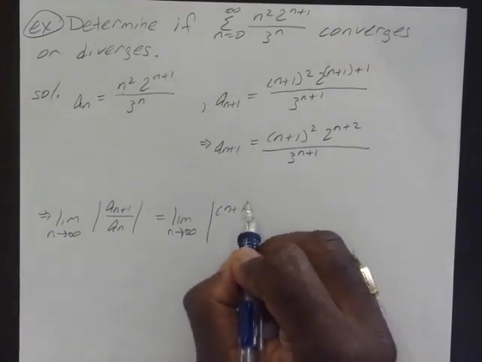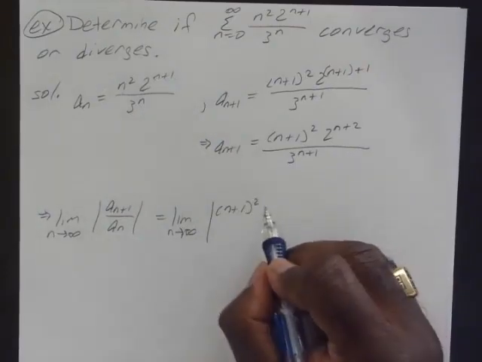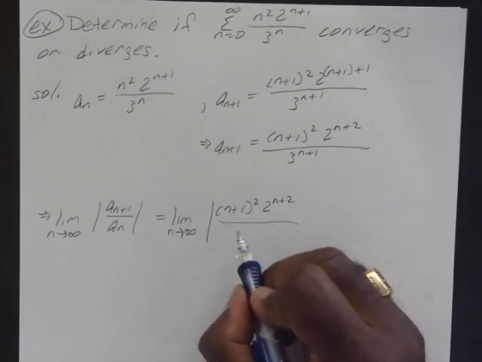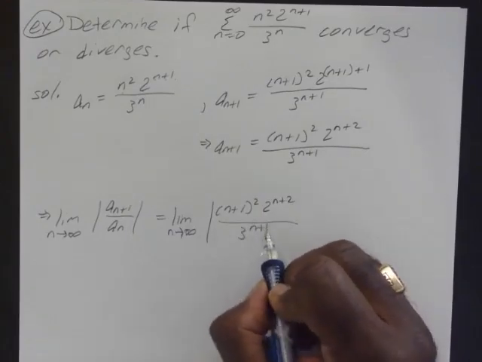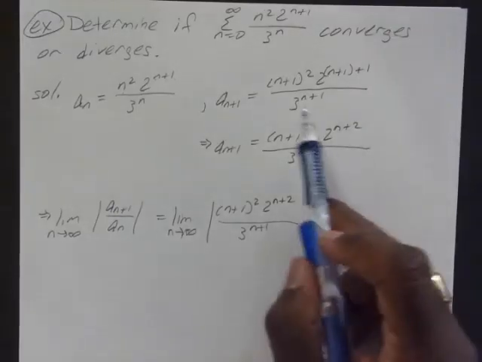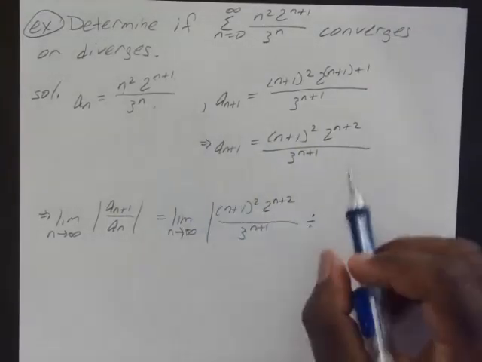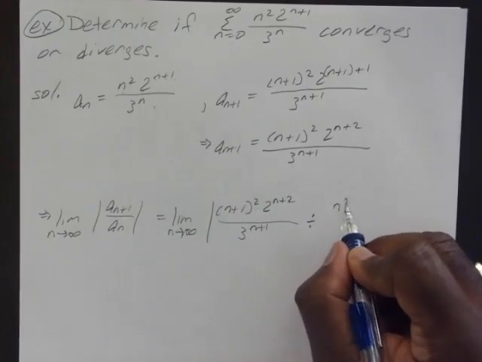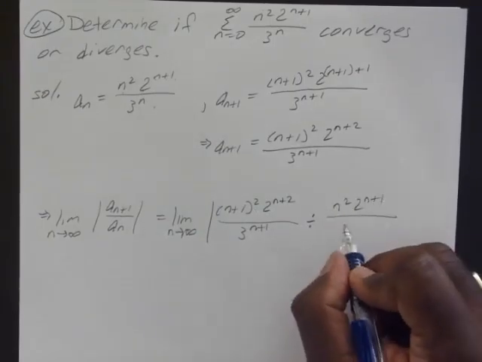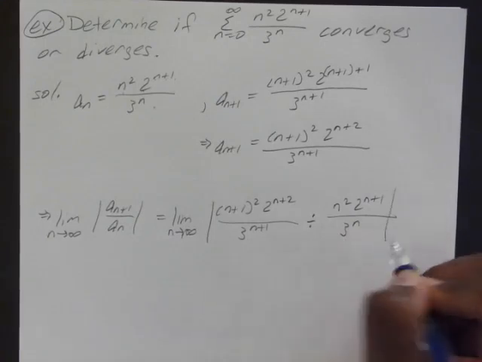So it's n plus 1 squared times 2 to the power of n plus 2 divided by 3 to the power of n plus 1 divided by your a sub n, which is n squared times 2 to the power of n plus 1 divided by 3 to the power of n.